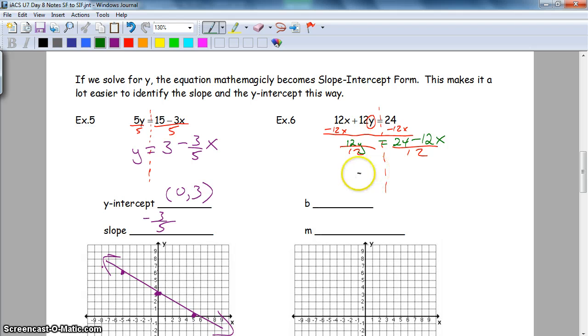So now I have y equals 24 divided by 12 is 2, minus 12 divided by 12 is 1, so it's just minus x. Or it could be minus 1x. Alright? So, what is m? What is our slope? Slope is in front of x, so it is negative 1. And what is b? b is the point 0, 2.